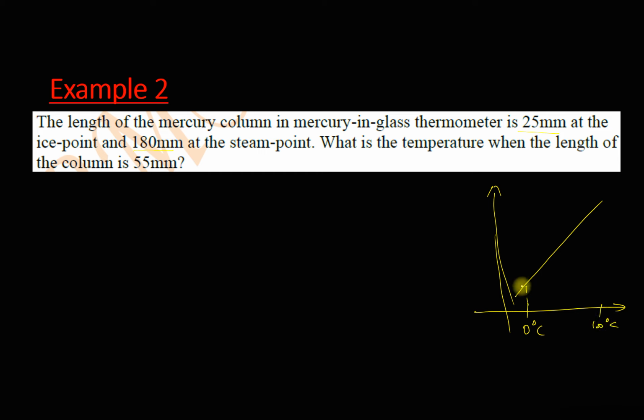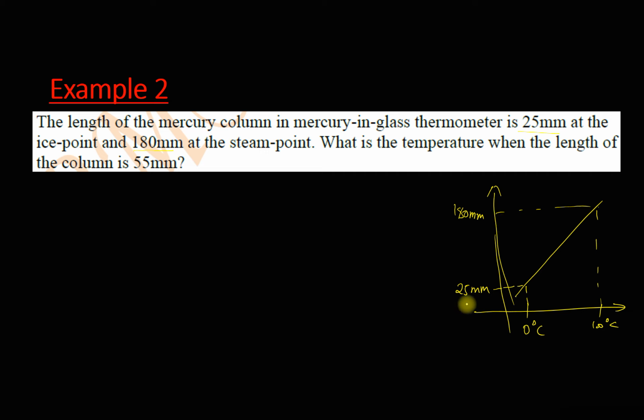At ice point, which is 0 degrees Celsius, the length is 25 millimeters. And at 100 degrees Celsius, which is the steam point, the length is 180 millimeters. What is the temperature when the length of the column is 55?